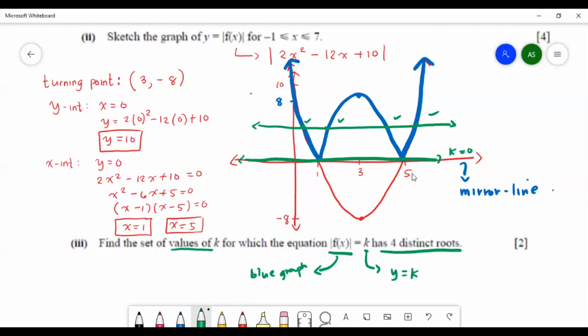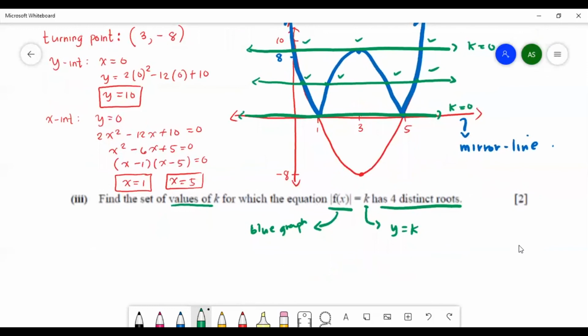And where is the maximum? Notice that when y is equal to 8, you will only have 3 intersections. So therefore, the solution for your k will be greater than 0, but less than 8. So it can be anything from 0 to positive 8.